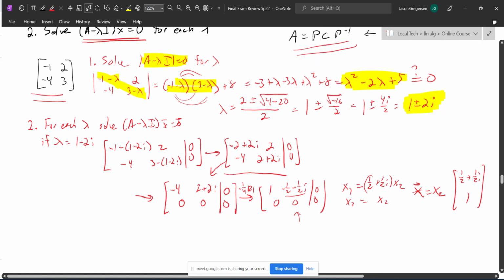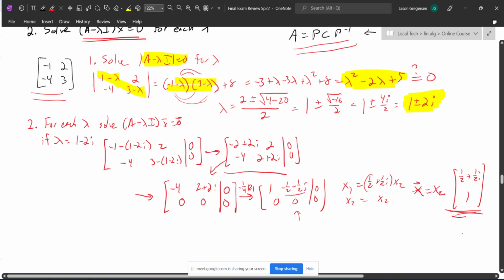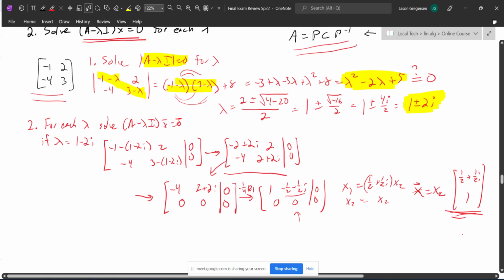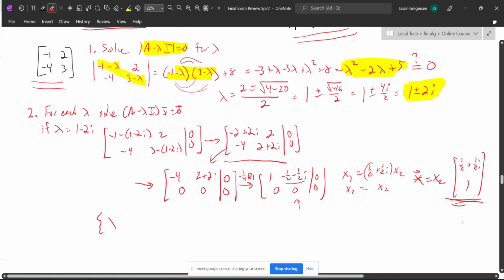Now, that would be a perfectly good eigenvector. There we go. And so I might write my eigenpair as, when lambda equals 1 minus 2i, I could write down that eigenvector if I wanted to. However, I also know that any multiple of an eigenvector is also an eigenvector.